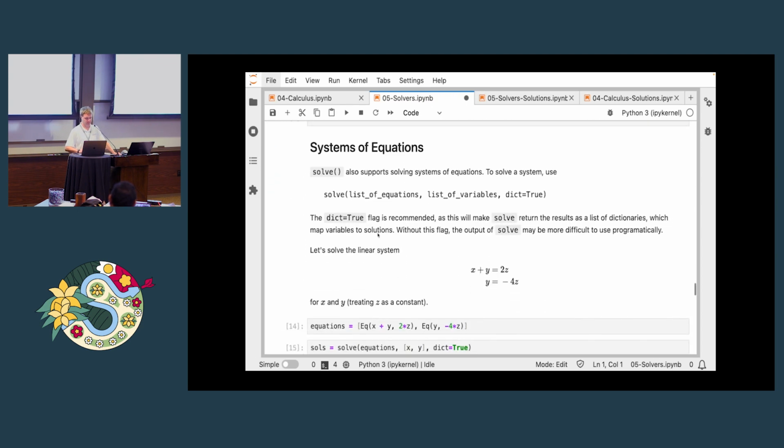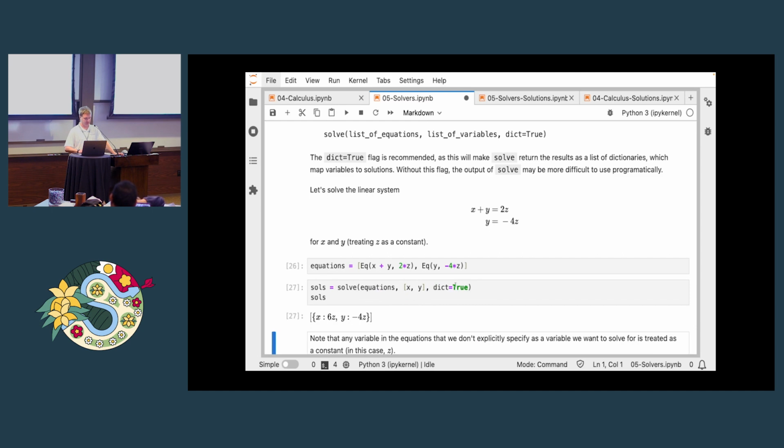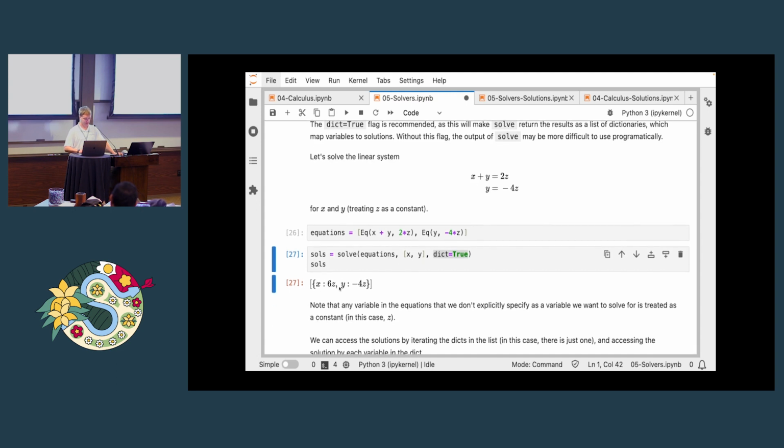Okay, well, solve also supports solving systems of equations. To solve a system of equations, you pass a list of equations and a list of the variables. I also recommend passing the flag dict=True. What this flag does is force the output to be a list of dictionaries.